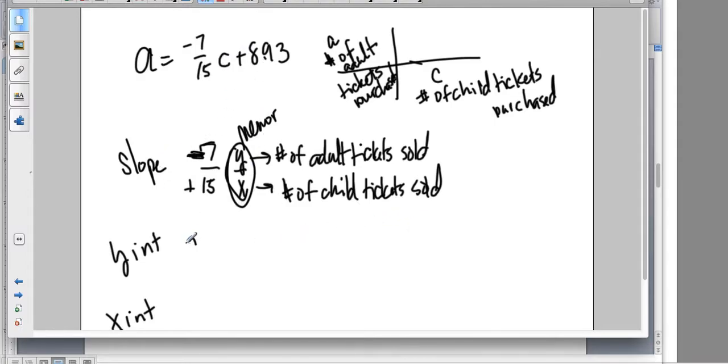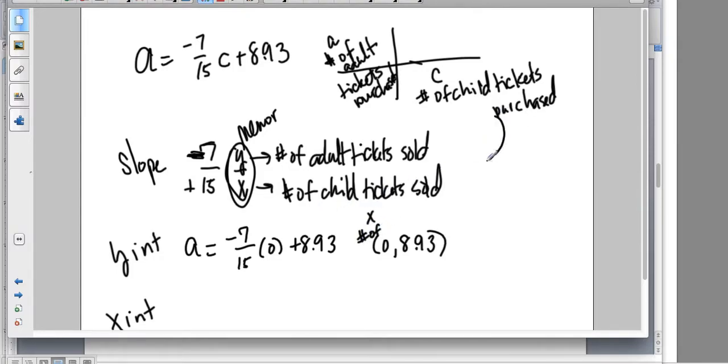The y-intercept would be when you put in 0 for C, because 0 is our X value, and solve. So that y-intercept would be (0, 8.93). And remember, it's the same thing. This is an X, so this is the number of child tickets, and this is the number of adult tickets purchased.